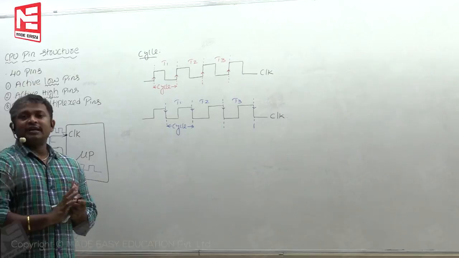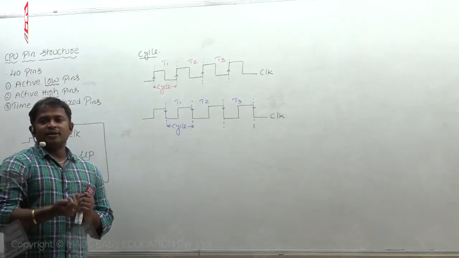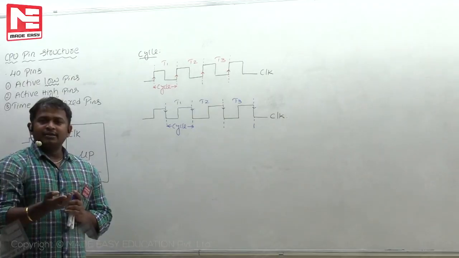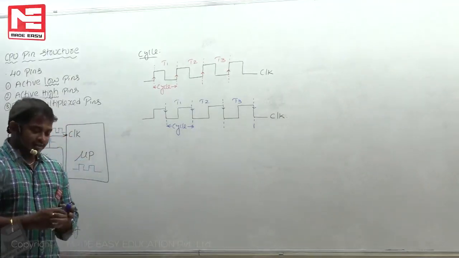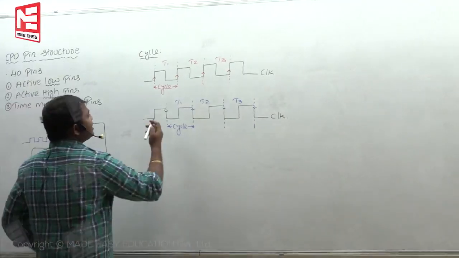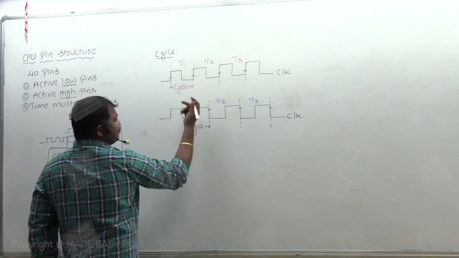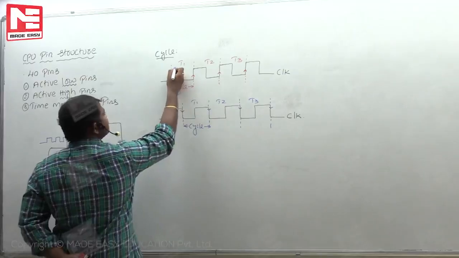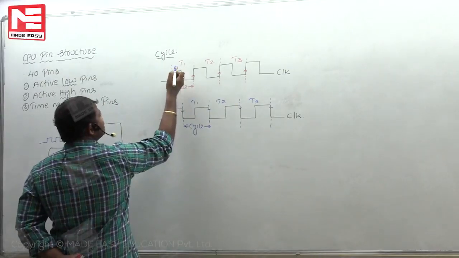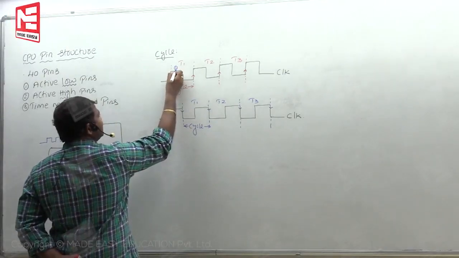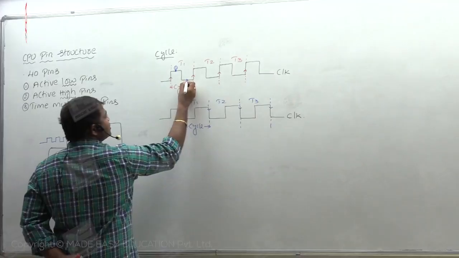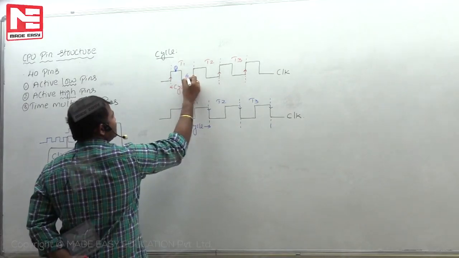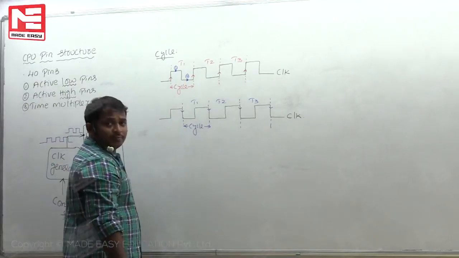Okay. A clock cycle is defined as the clock pulse transition from rising edge to rising edge or falling edge to falling edge. Observe, in one cycle, we are able to manage 4 different signals. Some signals are activated when the clock pulse is in the high state; that is an active high pin.